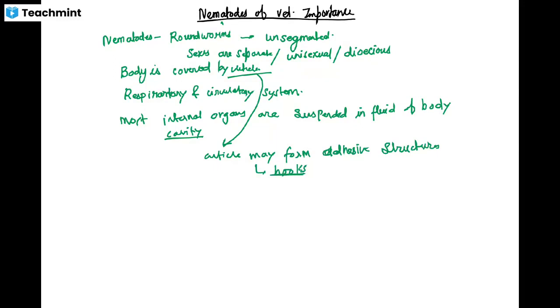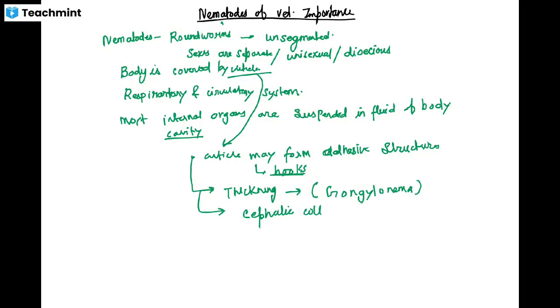Hooks are modifications of cuticle only. Or the cuticle may be like a lining, as in the case of gongylonema, or it may be in the form of a cephalic collar.